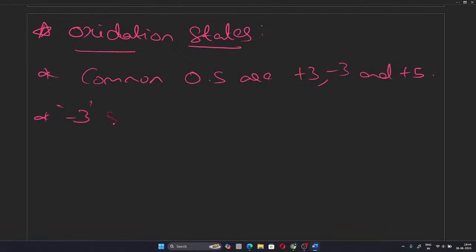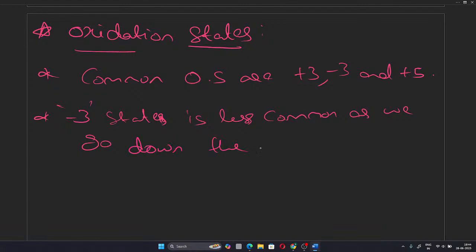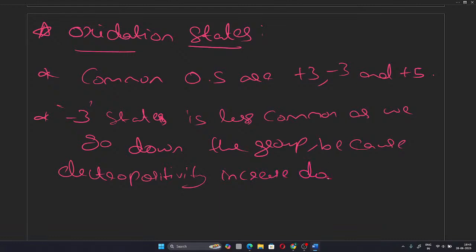A -3 state is less common as we go down the group, because electropositivity increases down the group. Because of that, this negative oxidation state is not really seen.